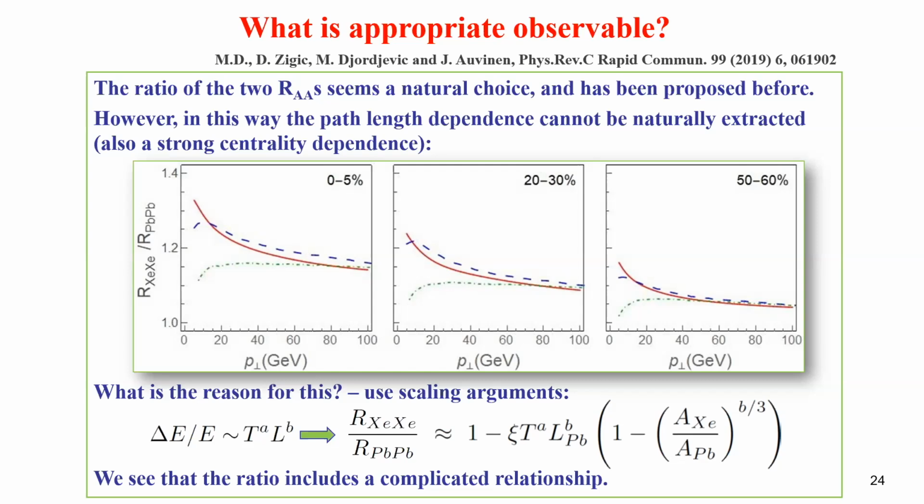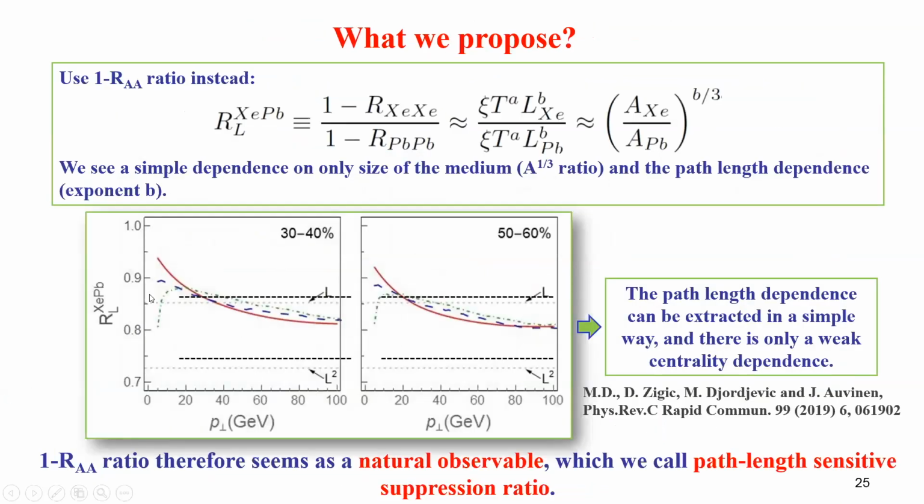So basically, you cannot apply this in this region because the energy loss is going to be large, and simply this relationship will not work. But if you are at high centralities and high momentum, then this relationship will work, and that is why we advocate using this region.